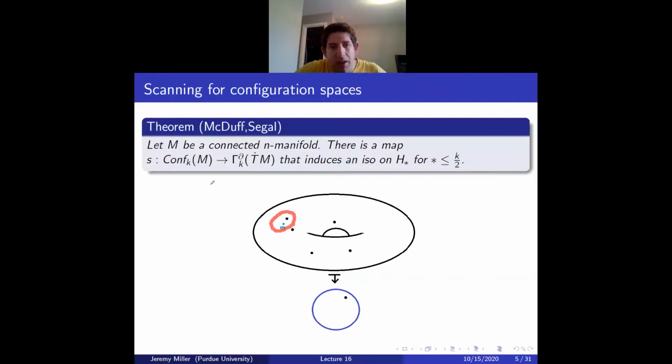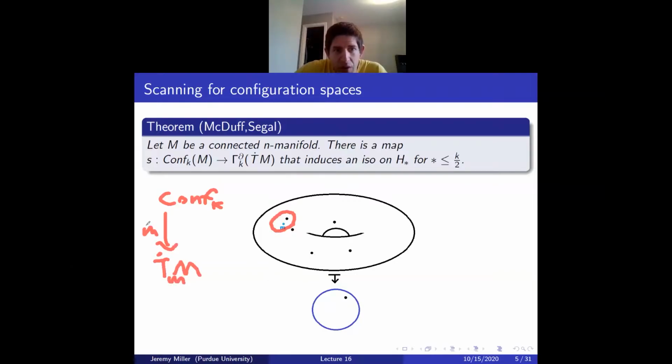So basically, what we need is a way of taking something in Conf_k and a point m, or maybe I should say, given m, we need a map from Conf_k to the tangent fiber.